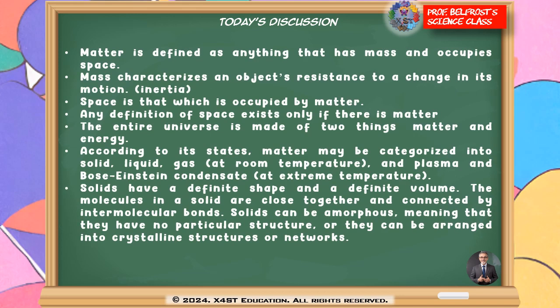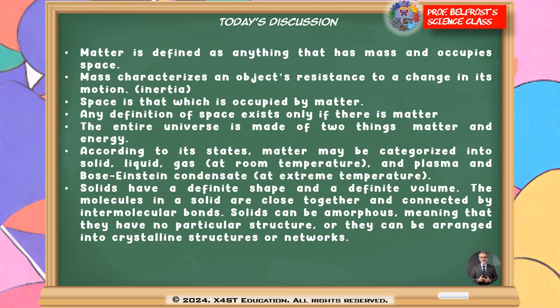Chemistry is full of reactions, change of matter, rearranging matter, substances, compounds, solutions, reagents. And actually, the basic of chemistry is matter. So what is matter? Matter is defined as anything that has mass and occupies space.